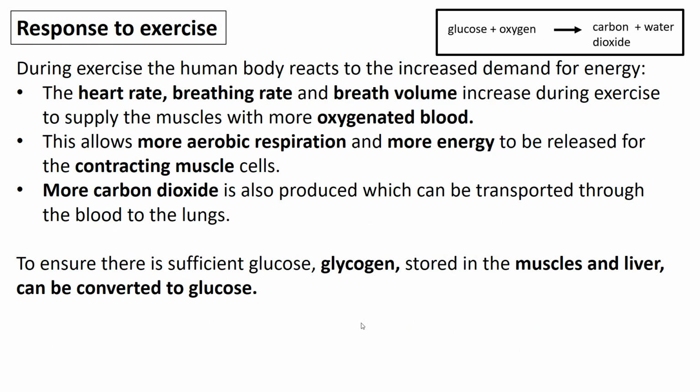This allows more aerobic respiration to happen because this blood is transported faster around the body, carrying more oxygen for aerobic respiration. This allows more energy to be released and it allows the contracting muscle cells to continue to contract. If more aerobic respiration is happening, more carbon dioxide is also produced. That can be transported through the blood plasma to the lungs where you breathe it out.